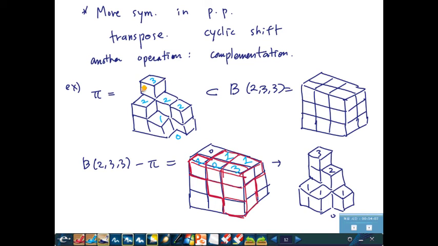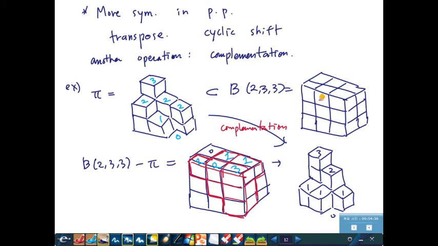Basically, it's just subtracting these numbers from 3. This is called the complementation. If you do this, you get another partition, also a plane partition, also inside this box. So it is an operation on plane partitions inside a given box.